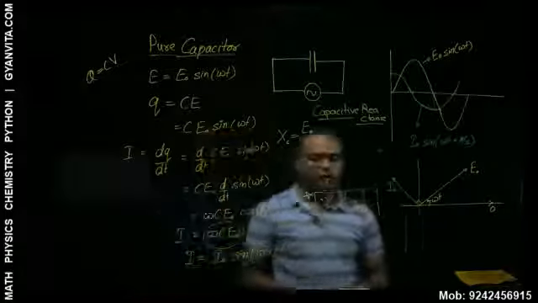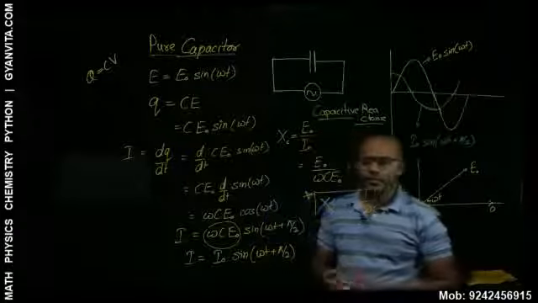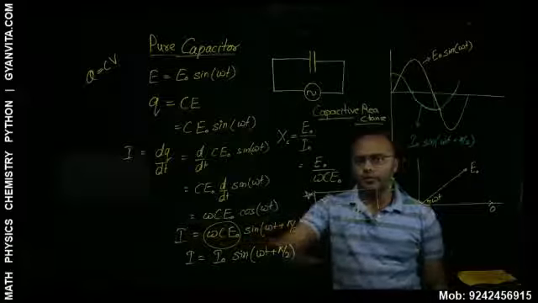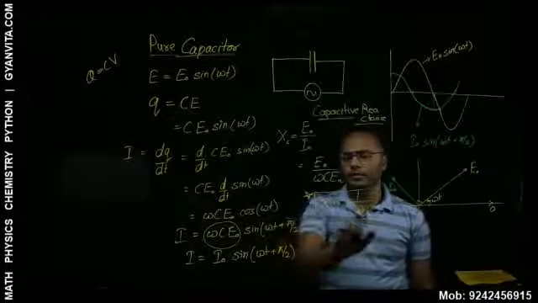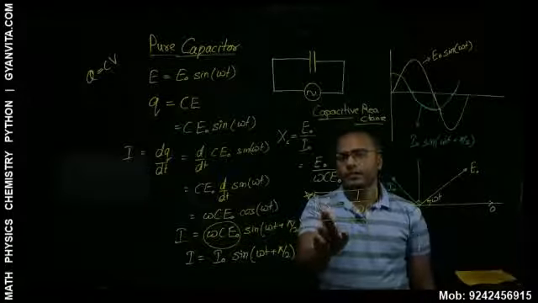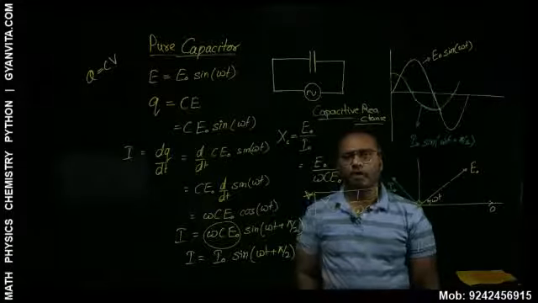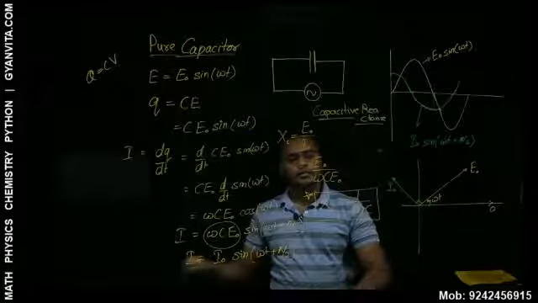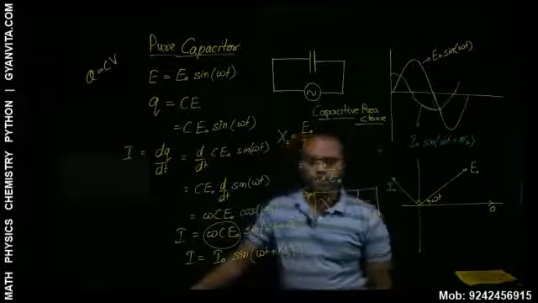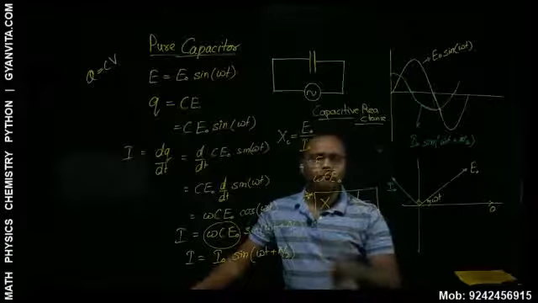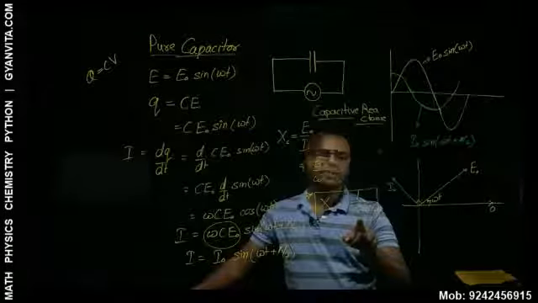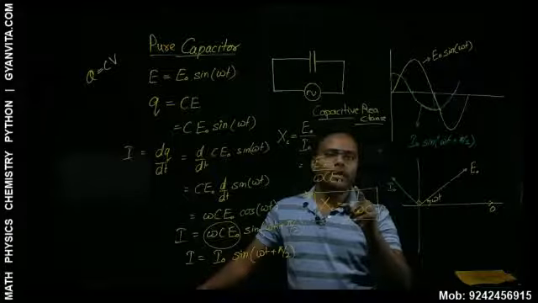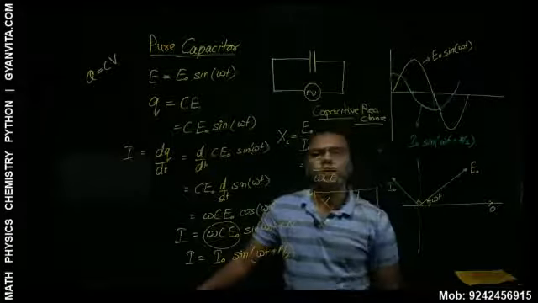And what can we say about its behavior towards AC and DC? In DC, omega will be 0. There is no change, so angular frequency in DC is 0. That means in that case, XC will be infinity or a very huge number. So we say that capacitors block DC. Why? Because in case of DC, omega is 0, so omega C is 0, and XC will be maximum.